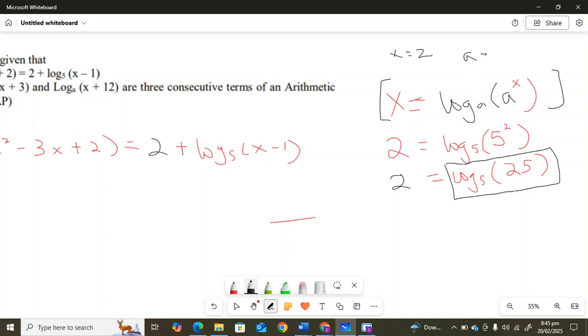A is 5, because we're putting it in base 5. So 2 equals log 5, 5 to the power 2. And then this is what you get. On your calculators, you can verify this, even on Google. Just type in log base 5, 25. What does it equal? You will see that it will give you 2. Any questions before I move further?